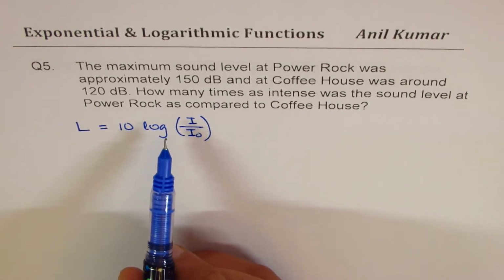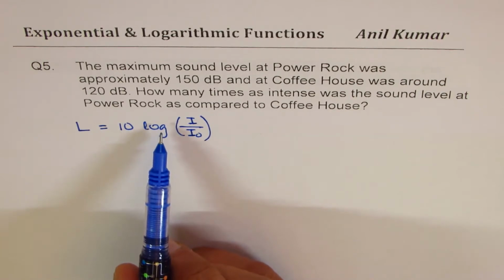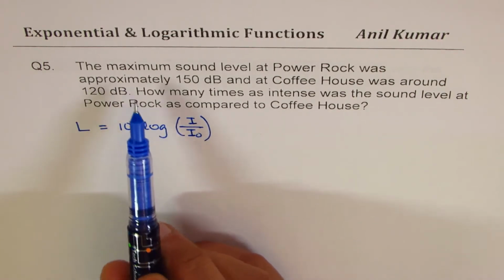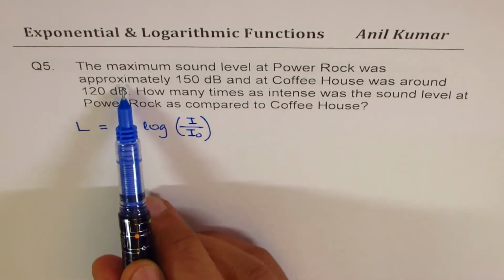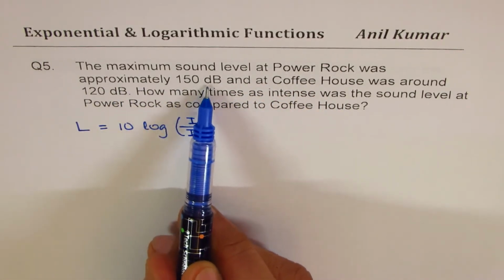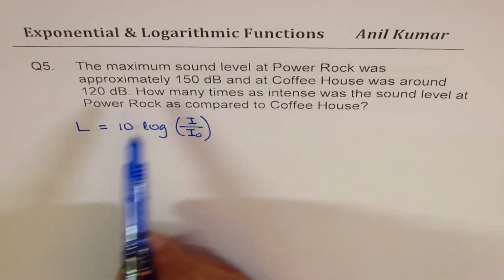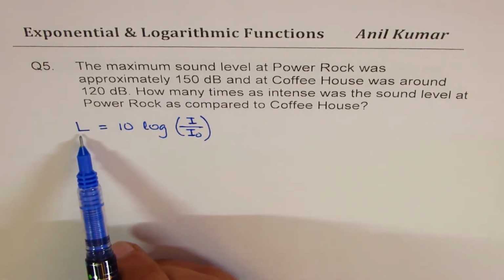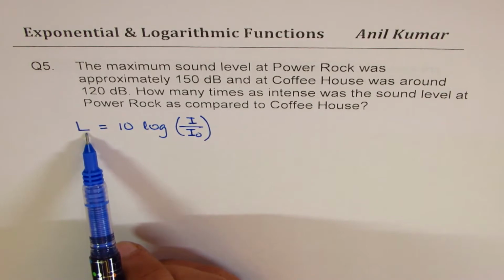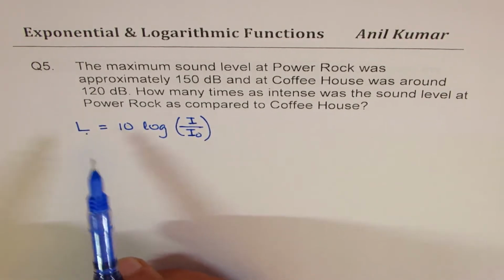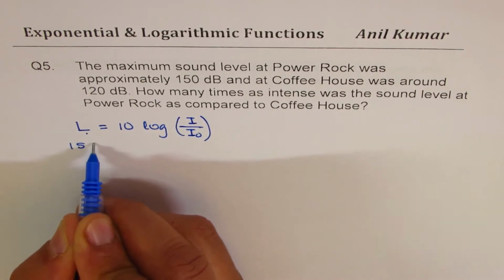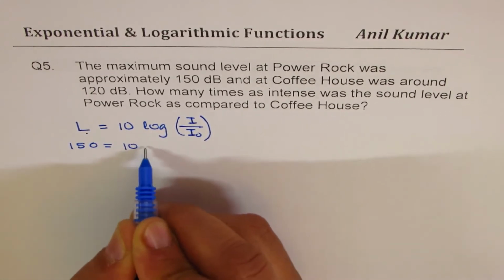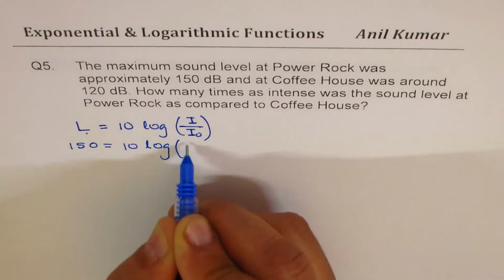Now what we are given here is basically the maximum sound level at Power Rock was approximately 150 decibels. So at Power Rock loudness is 150. And so we could write this as 150 equals 10 log I over I0.